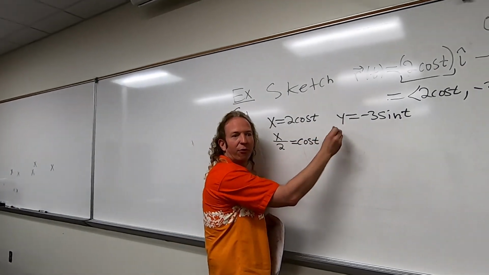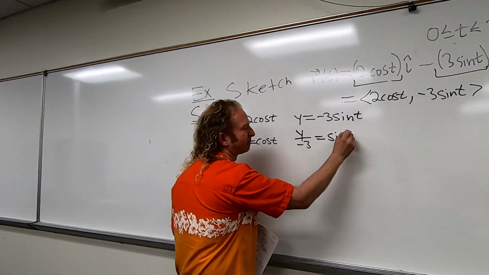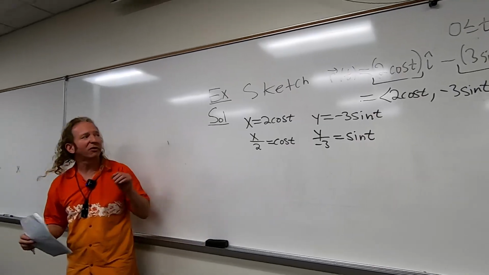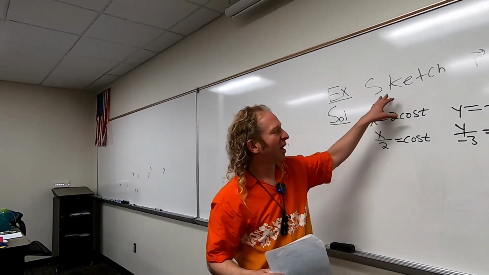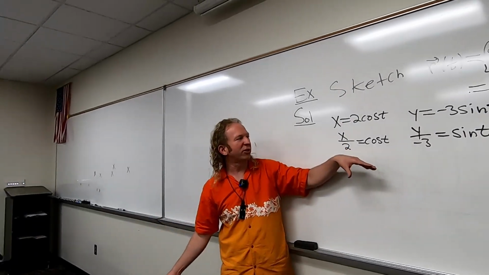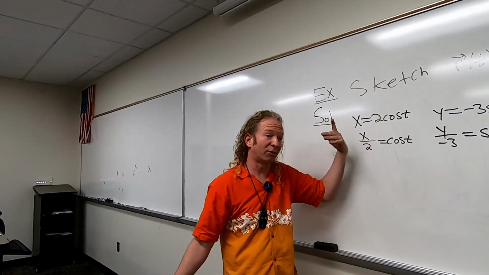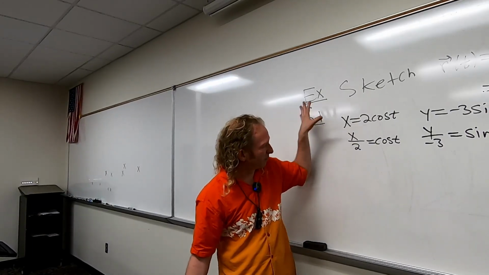And then here we would have y over negative 3 is sine t. So again, whenever you have a vector valued function and you're trying to write it as a rectangular equation, which comes up in the homework, you have to go backwards. You're given the equation and you have to write it as a function. It's a little bit harder. We'll practice that today.